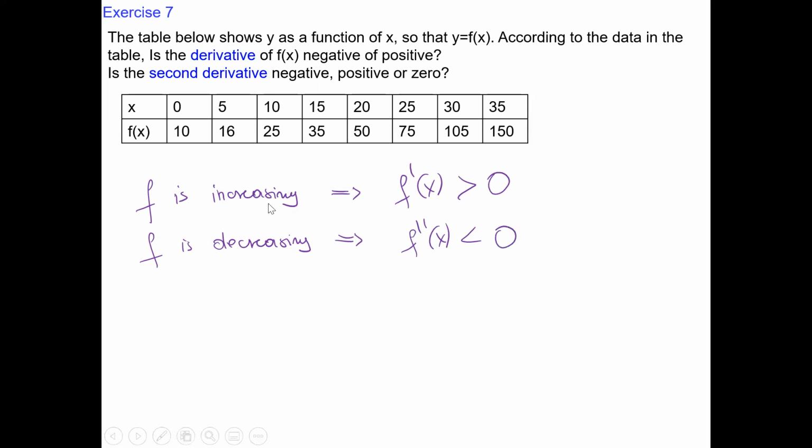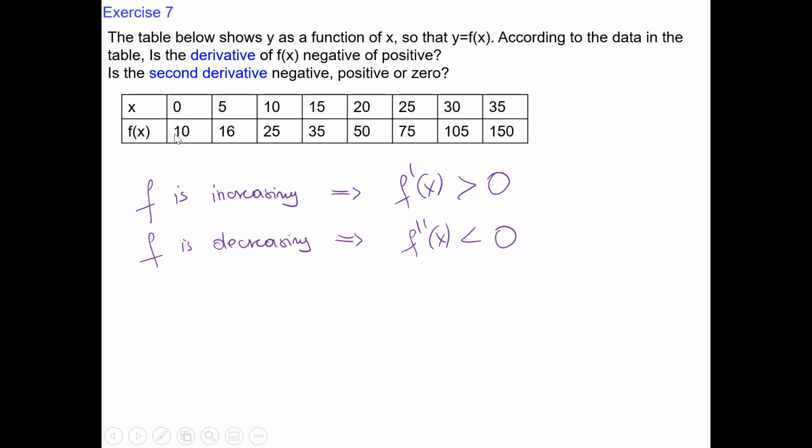Increasing means that as we increase the x values, and here we have exactly the same intervals, we are jumping by 5 units: 5, 10, 15, 20, 25, 30. Let's see what is happening with the values.